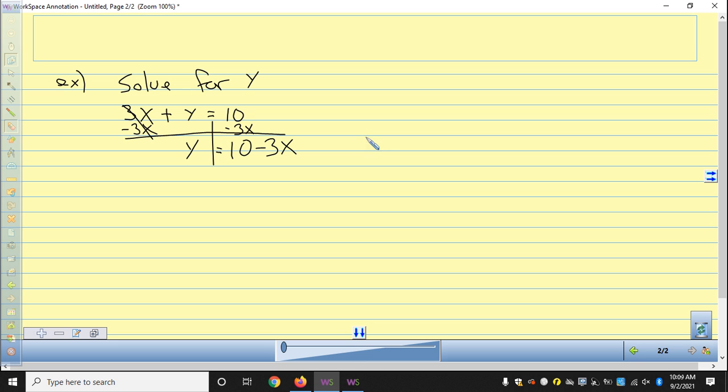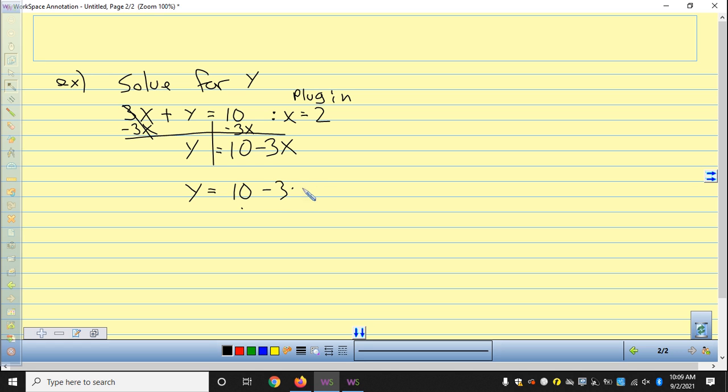Now in your homework, you'll get problems that say, solve for y, and then plug in when x equals, let's say 2, plug in x equals 2. So that's just asking us to plug that in here. So we would get y equals 10 minus 3 times 2.